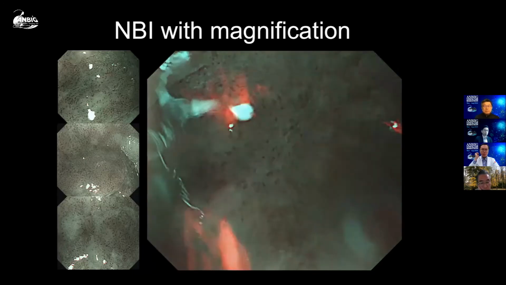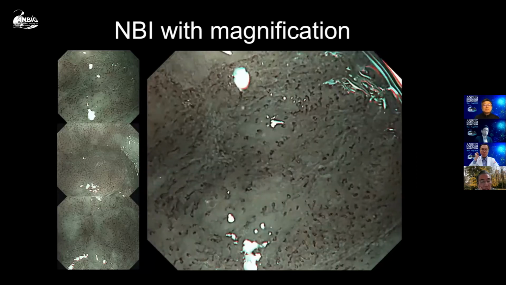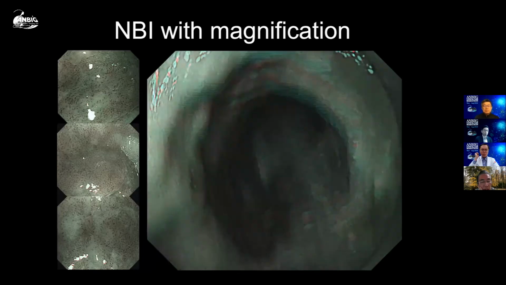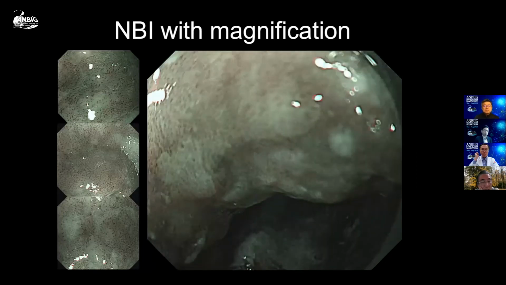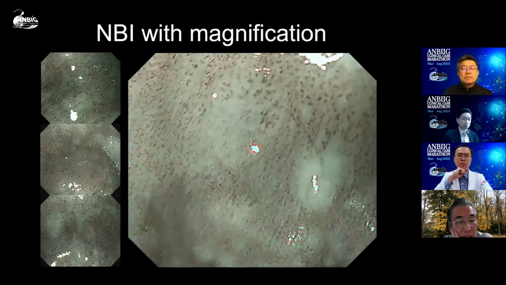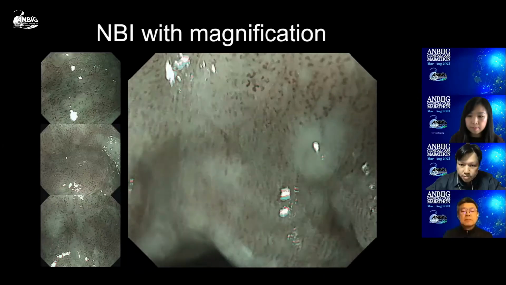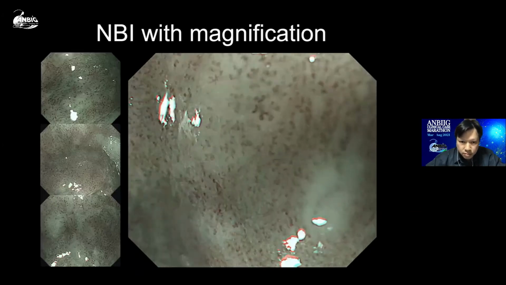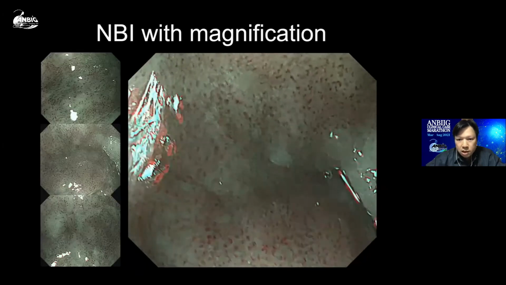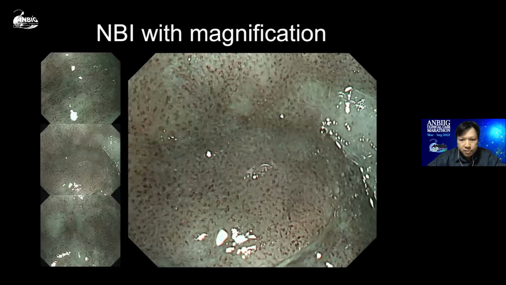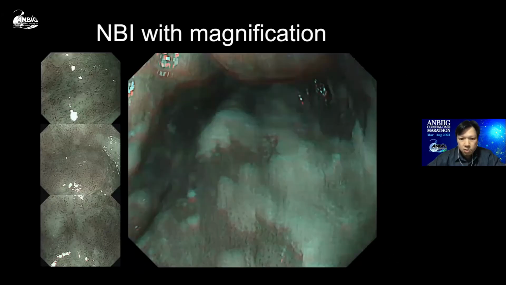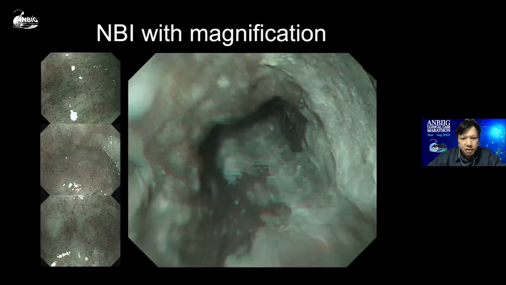You could see there are some enlarged IPCL. In my opinion, it's easier to put the lesion at the 12 o'clock position to observe the IPCL. And usually check the more uneven or depressed area, because the more advanced IPCL occur over the nodular or depressed area.